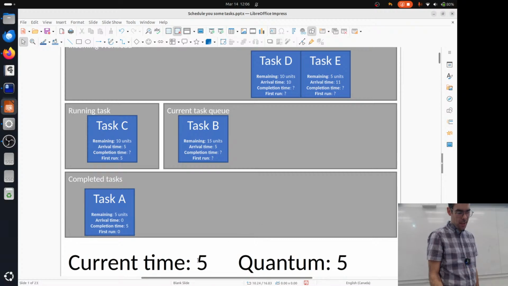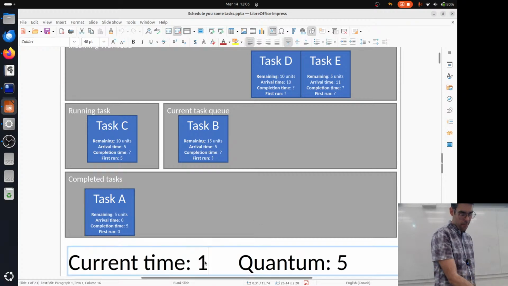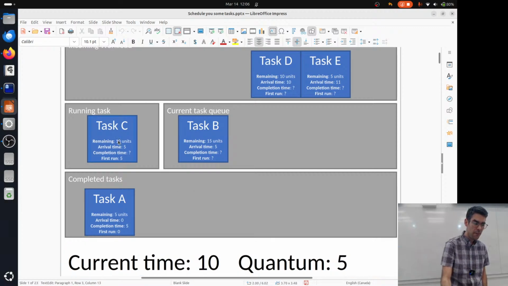I'm going to skip ahead to time 10 here. And I'll ask the question one last time, do we take this off the processor? This is not a preemptive thing, so we're not taking anything off the processor yet. But we do need to record that we've spent 5 units of time working on this task.